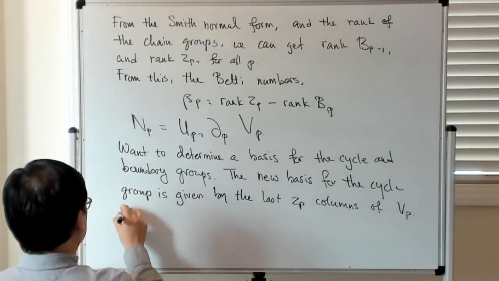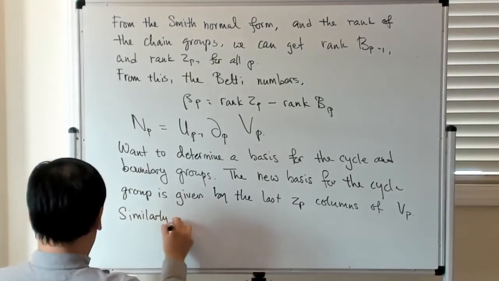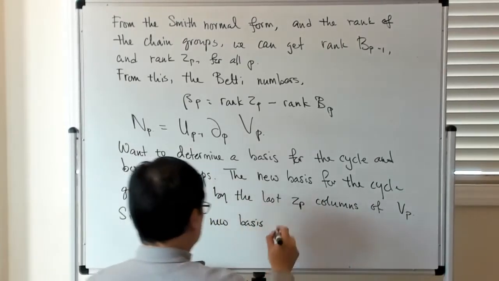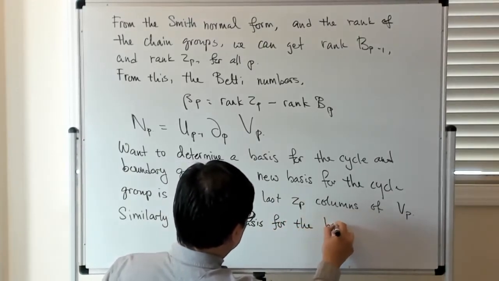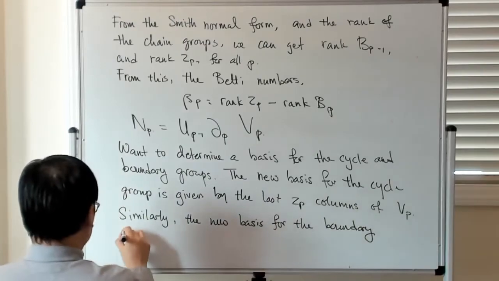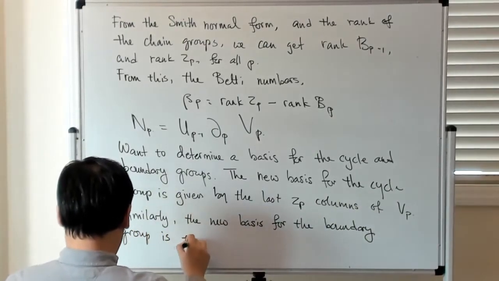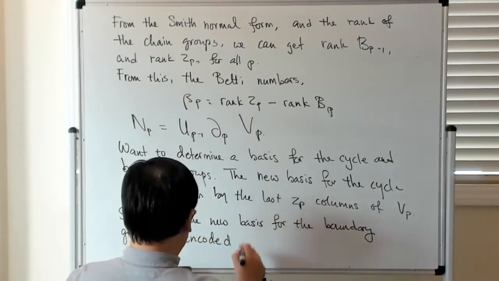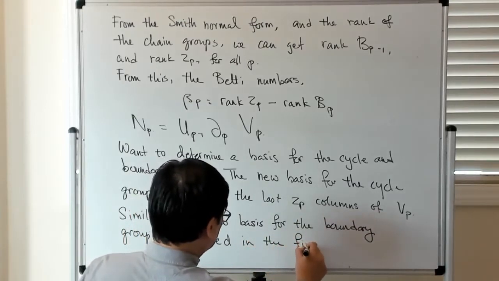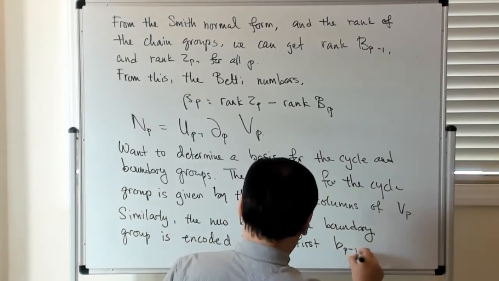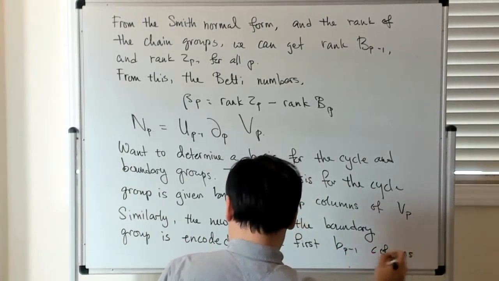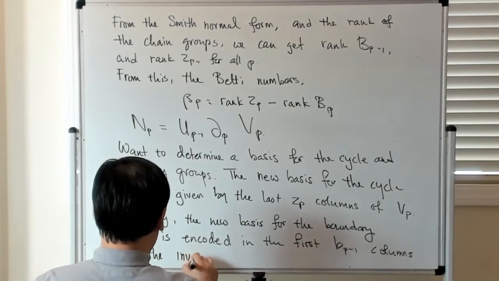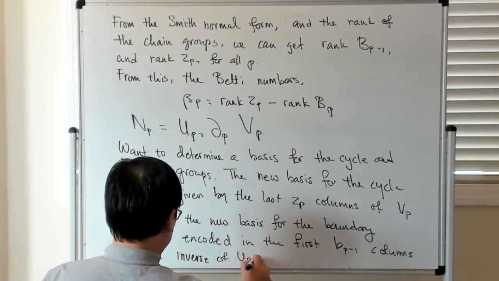All right, and then similarly the new basis for the boundary group is encoded in the first BP minus 1 columns of the inverse of UP minus 1.